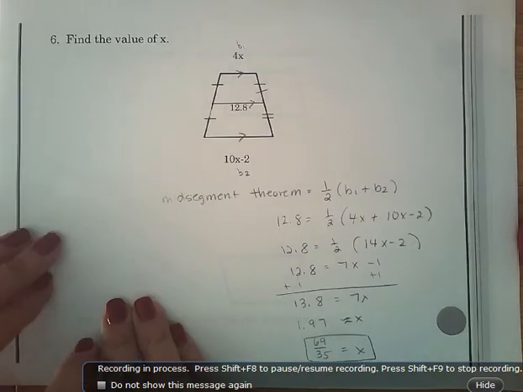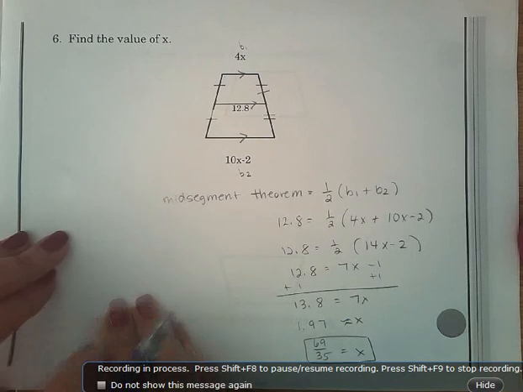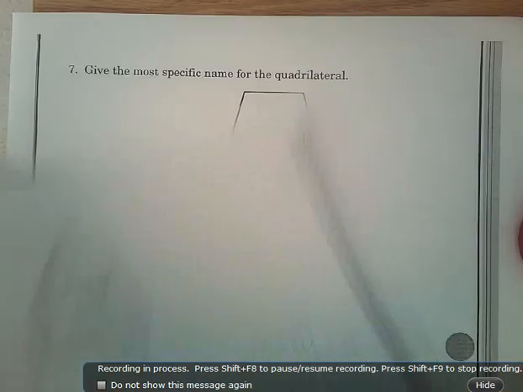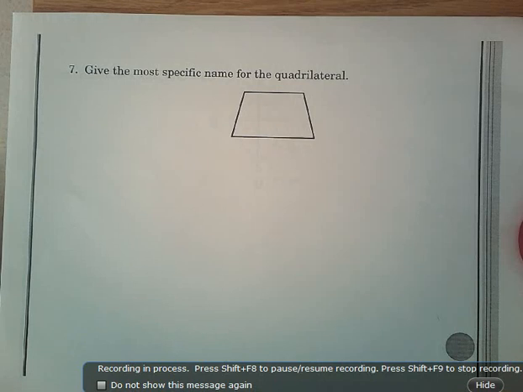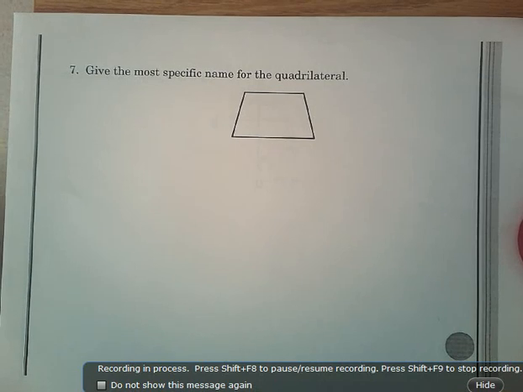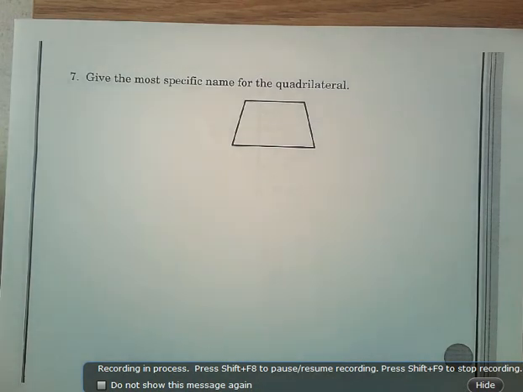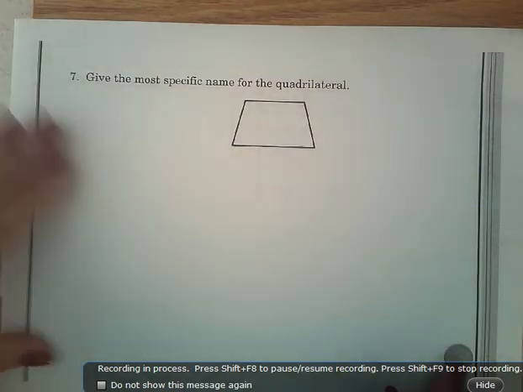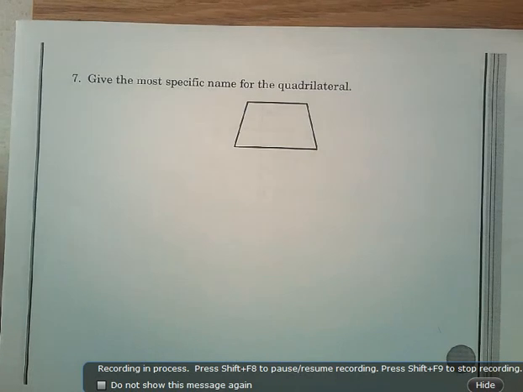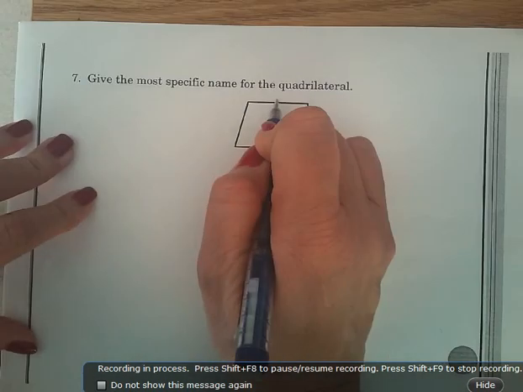All right, so now that I have some markings on this quadrilateral, let's say what is the most specific name for it? Well, first of all, it has one pair of parallel sides. If it has one pair of parallel sides, then he has to be a trapezoid.